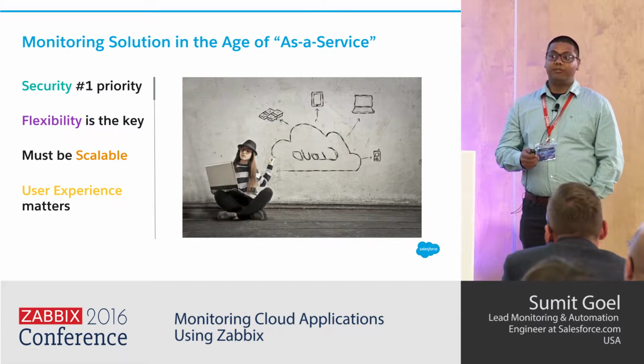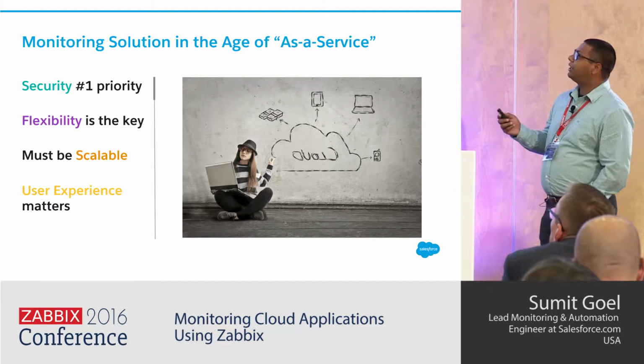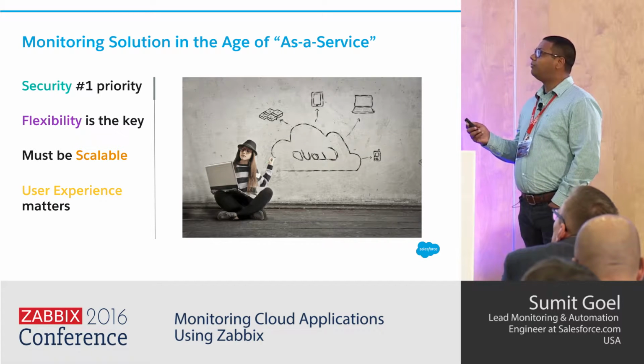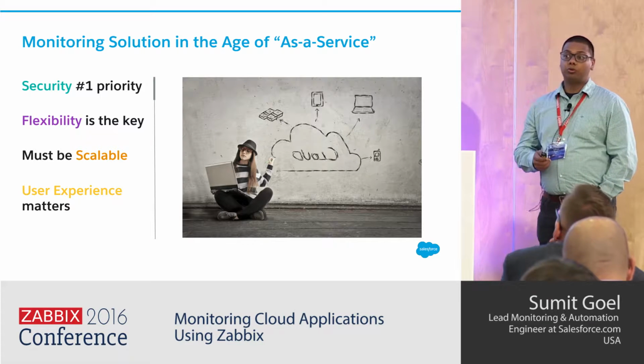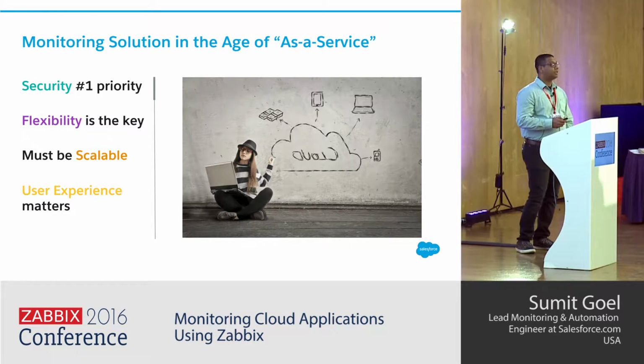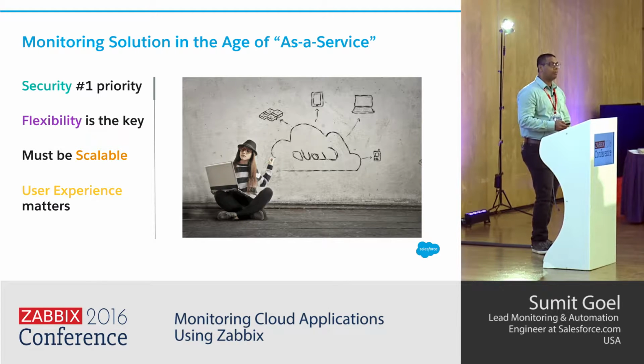When we evaluated that, we considered 4 characteristics: security, flexibility, scalability, and the user experience. I personally believe that open source projects tend to release security patches and bug fixes faster than other products. Also, Zabbix provides tools to extend its capabilities that are not available out of the box.